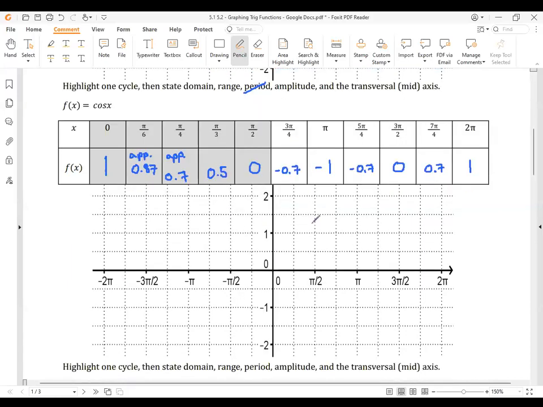Graphing this, my cosine function starts from a max, goes to a 0, goes to a negative 1, back to 0 and 1. And with those 5 points, you'd be tempted to just draw a big V. That's not true, because you know that it goes to about 0.87, 0.7, 0.5.